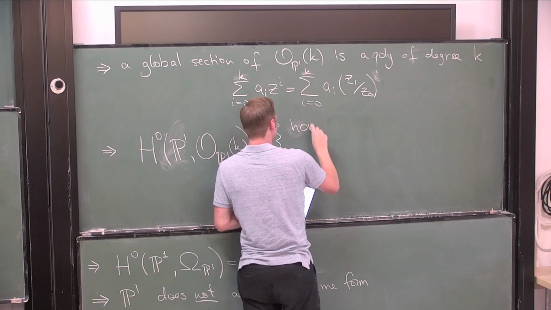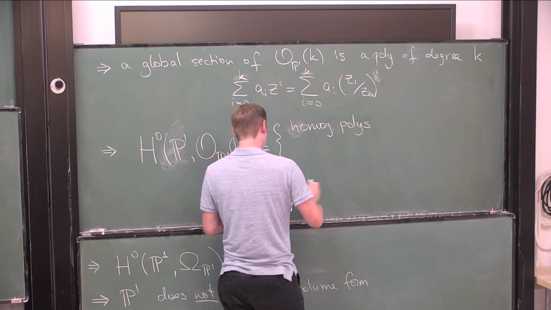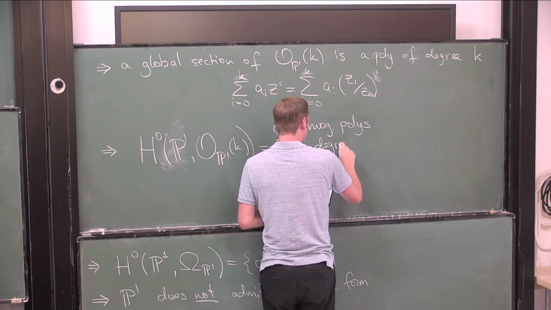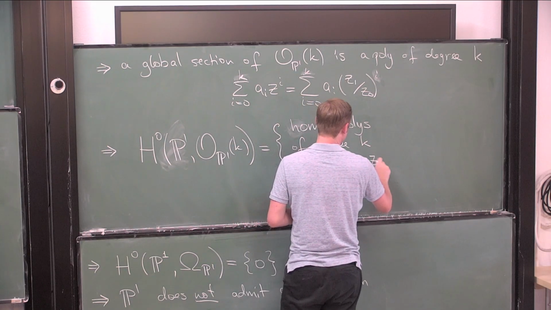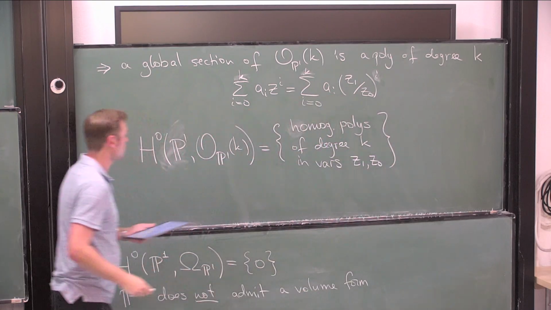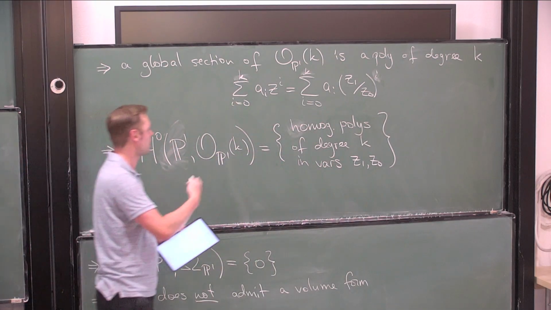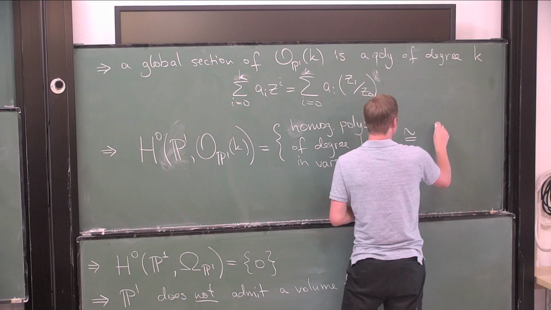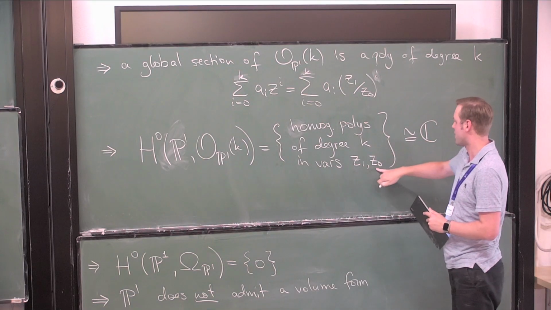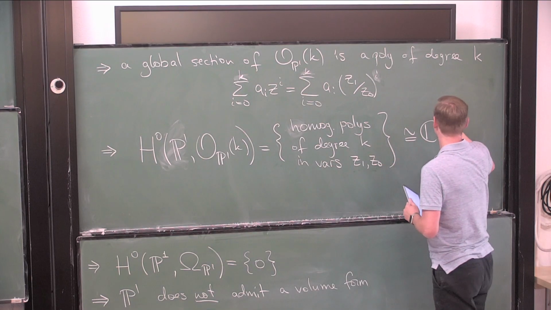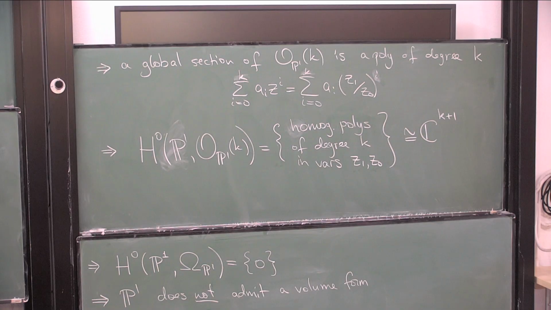So this is homogeneous polynomials of degree k in the variables z1, z0. Now this is a genuinely rather simple vector space. You can compute its dimension. How many homogeneous polynomials in two variables of degree k can you have? This many. That's how many coefficients you need.